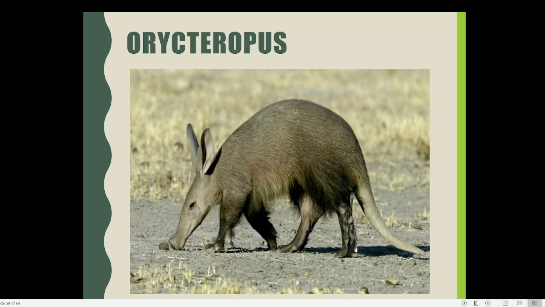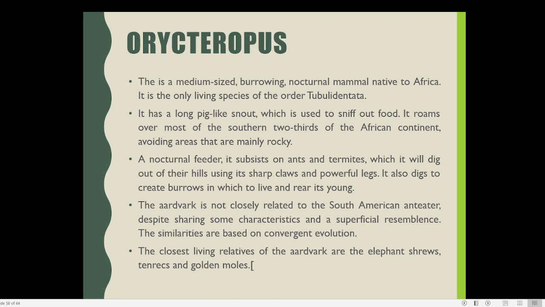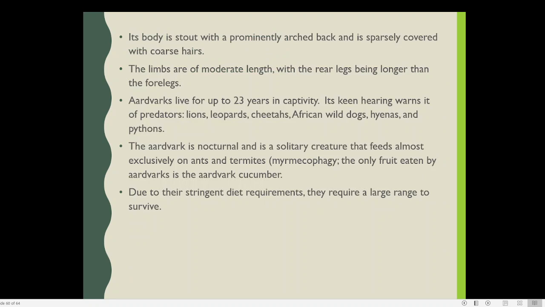In many animals it is like that: the back leg or posterior leg will often be longer than the front legs. Here in this case also the rear leg is slightly longer than the foreleg. The aardvark can live up to 23 years in captivity, and its keen hearing warns it of predators: lion, leopard, cheetah, African wild dog, hyena and python.